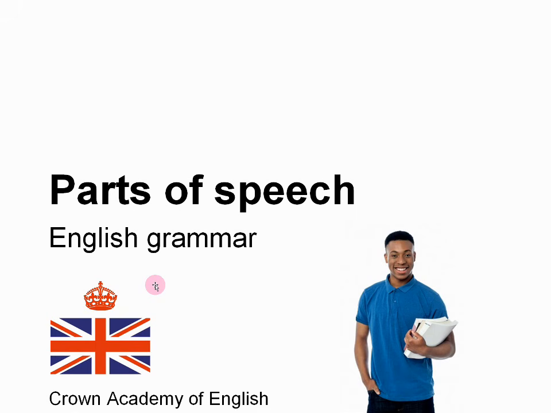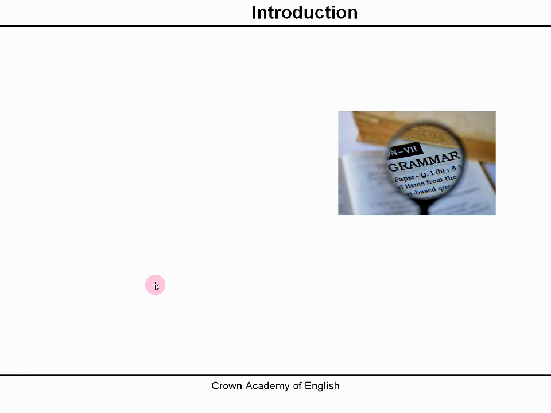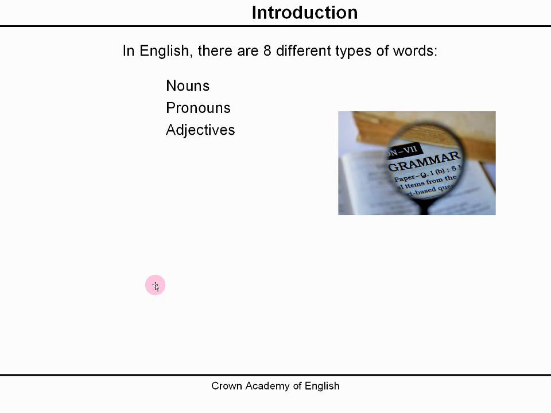Today's lesson is an English grammar lesson all about parts of speech. In English, there are 8 different types of words. There are nouns, pronouns, adjectives, verbs, adverbs, conjunctions, prepositions, and interjections.